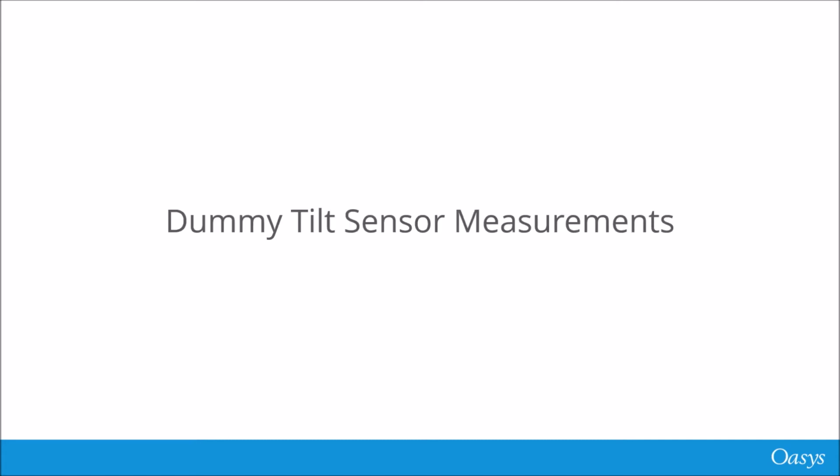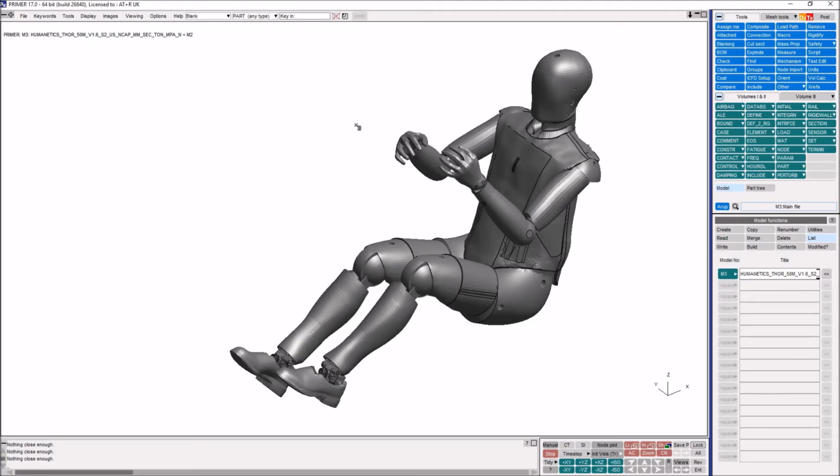Okay, so moving on to dummy tilt sensor measurements. So I'm going to go straight into a demo for this. So here we have a Primer session with the Thor model read in again. So in reality, the real life dummy has instrumentation that measures the relative angle of various components within the model compared to the global coordinate system.